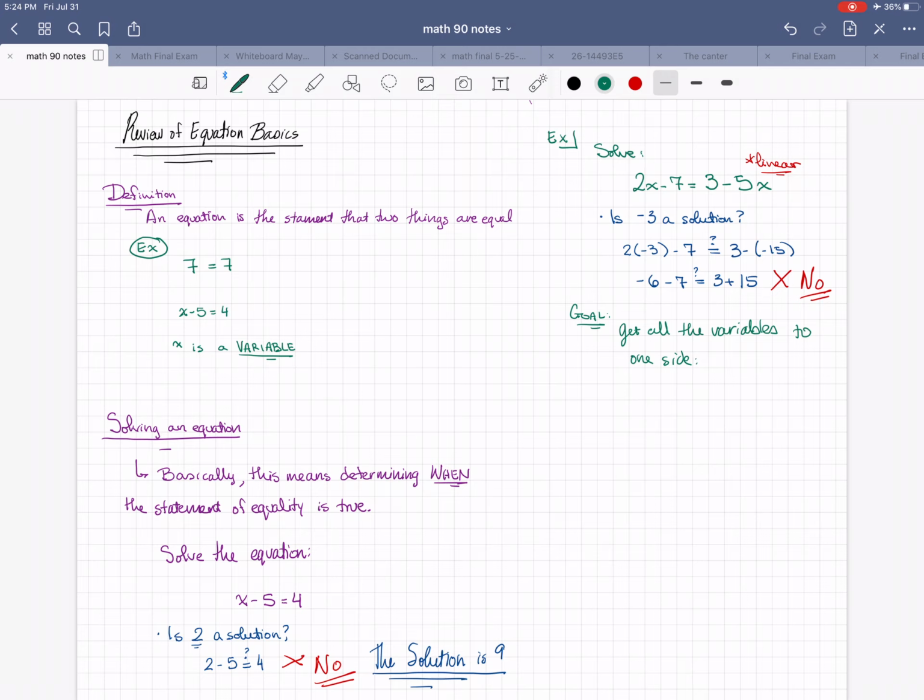Okay, so we have 2x minus 7 is equal to 3 minus 5x. So this is where we get to what are called properties of equality.